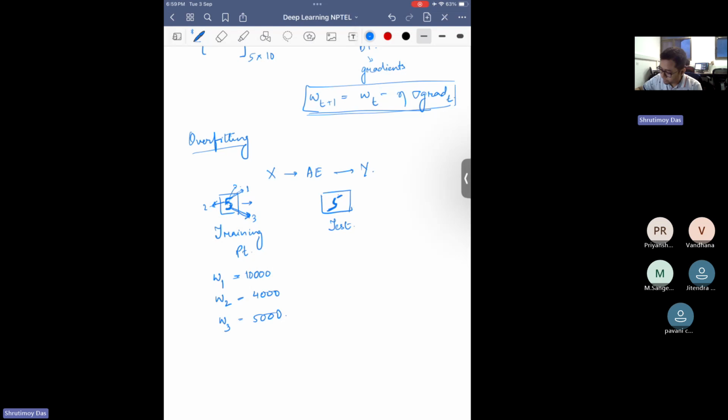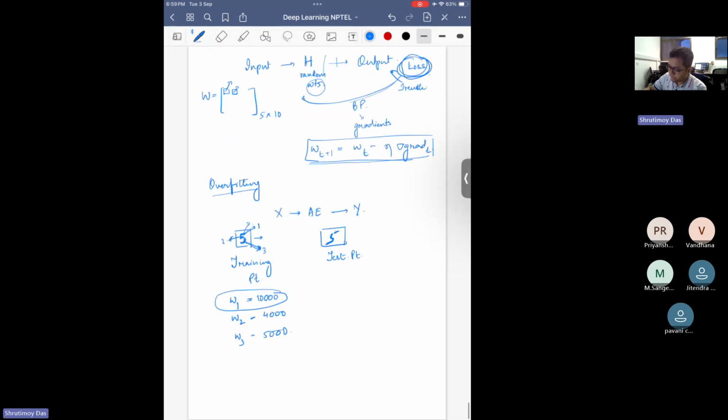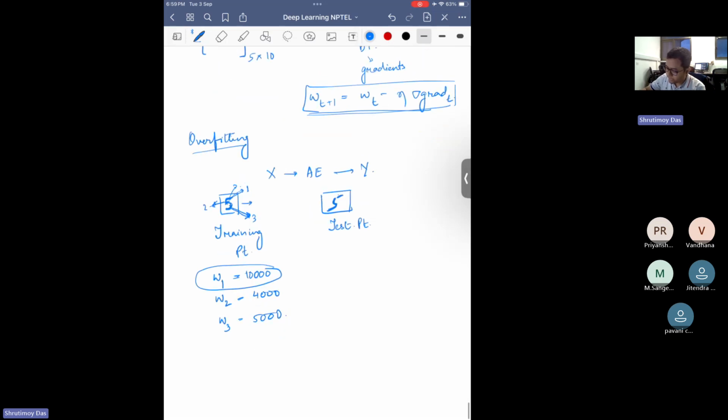So now when this type of image comes at testing time, what will it say is that since it said that this line is most important, it will not be able to find this, right? Because this is assigning a high weight to this straight line, but if there is some feature of this shape, it will not be able to recognize it.